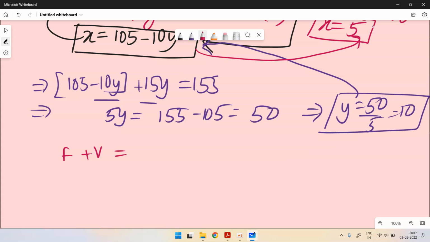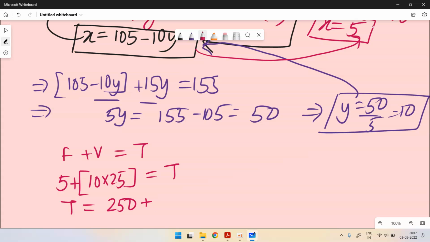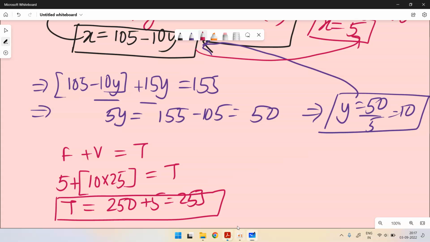The fixed charge is rupees 5, plus his variable charge, which is kilometer dependent, 10 into the total kilometers traveled, which is 25. So the total cost is 25 into 10, which is 250, plus 5, which is rupees 255. So he has to pay rupees 255 to travel 25 kilometers.